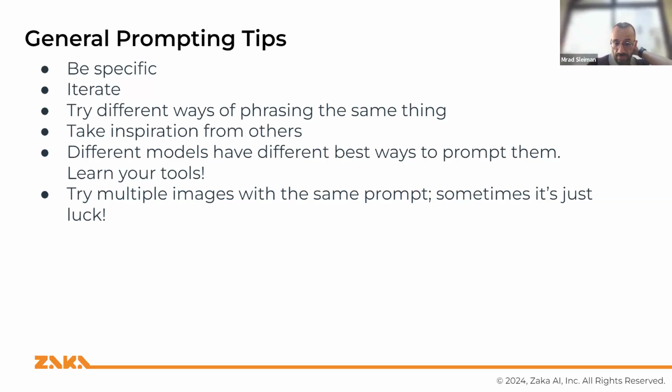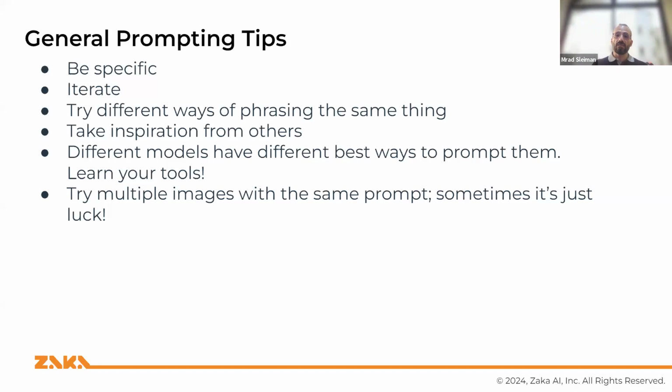The other tip is that different models have different best ways to prompt them. This is something that we call prompting meta. For example, if you are using an image tool that relies upon DALL-E, it uses ChatGPT as its natural language processing tool.